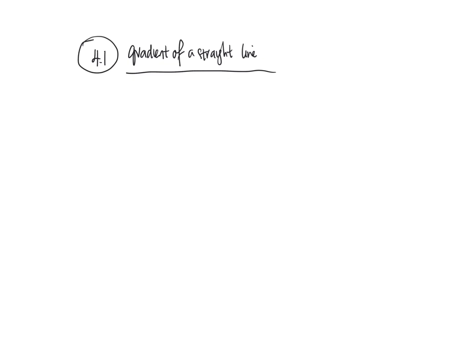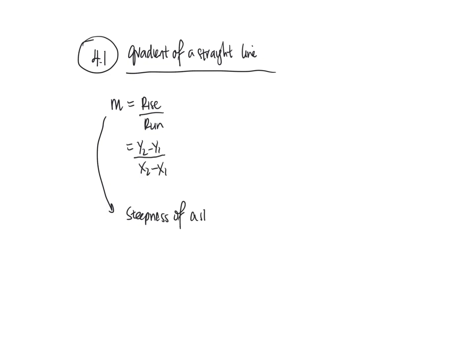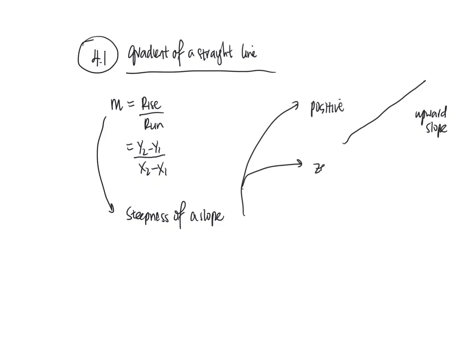Okay, gradient of a straight line. You learn in lower sec that it is rise over run. You learn that it is y2 minus y1 over x2 minus x1. You have learned that it is the steepness of a slope. So you can have a positive gradient whereby it is upward sloping. A zero gradient, which is a horizontal line.